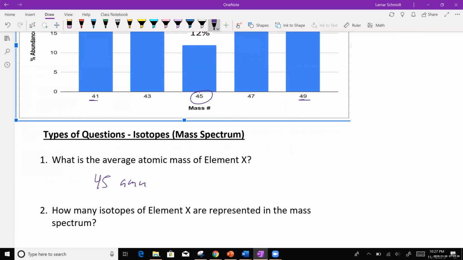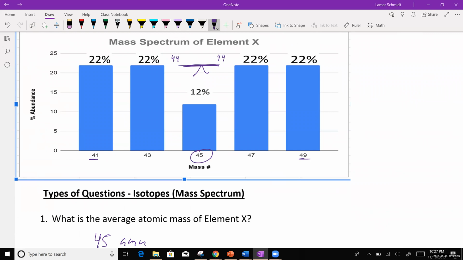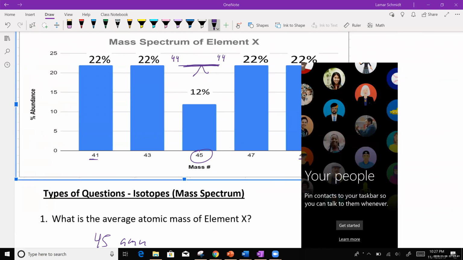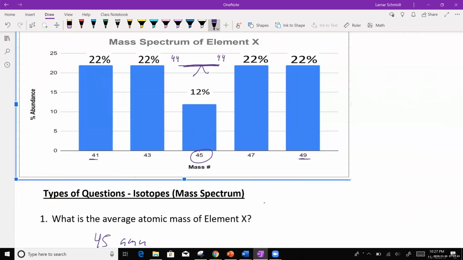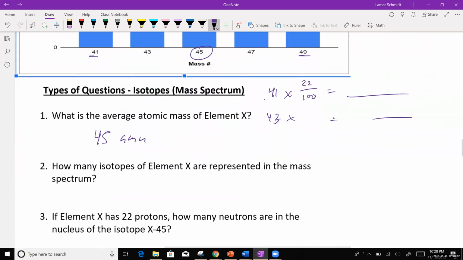Again, you could take your mass numbers. As an example, I'm not going to do all of them, you could say 41 times 22 divided by 100, and you can get your values there. Do the same thing for 42, for 43, and so on, and you will come up with 45.